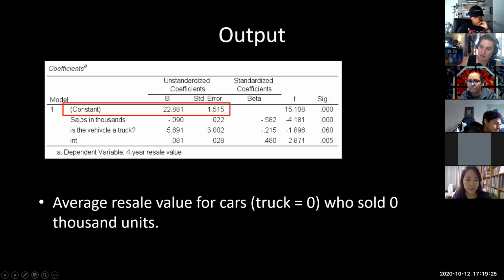And so it is the average resale value for cars, because that's when truck is 0, who sold 0 units. That's our resale value, $22,000. Because when both of those are 0, the interaction term is also 0. Because it's multiplying.